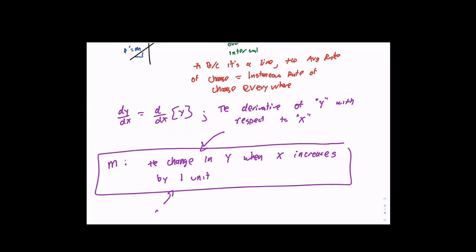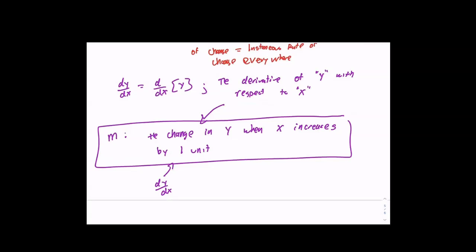And this is what dy dx refers to. How does y change at that point when x increases by 1 unit? This is a very important definition of slope that you should have.